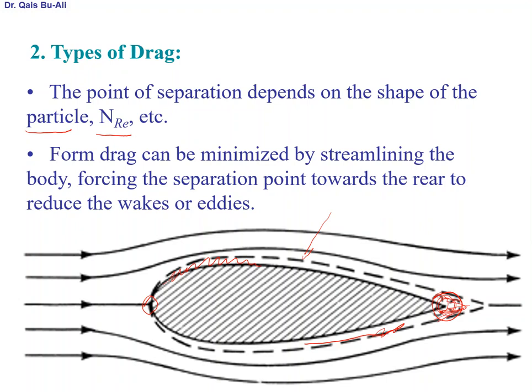Form drag can be minimized by streamlining the body, forcing the separation point towards the rear to reduce the wakes or eddies. So in those slides, this was a quick lecture, I talked about the two types of drag. The first one is called the wall or skin friction, or wall or skin drag, and the second one is called the form drag.